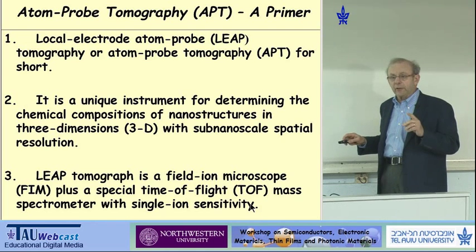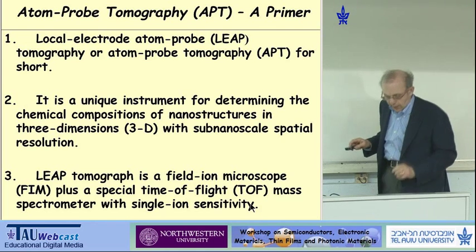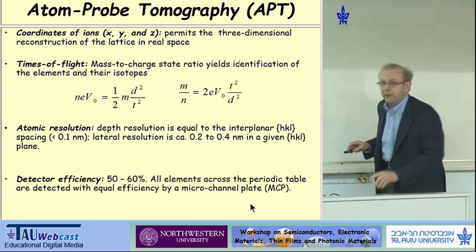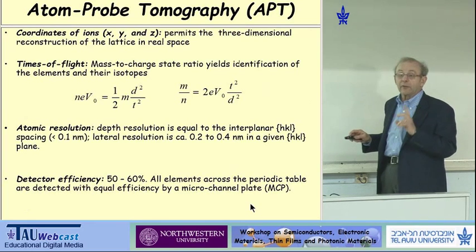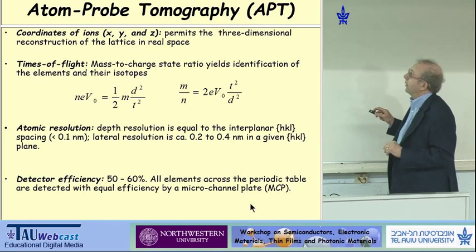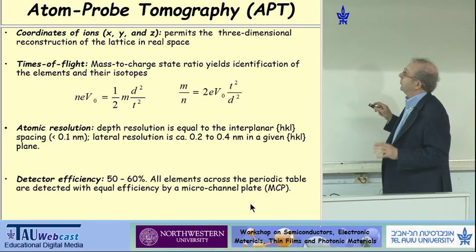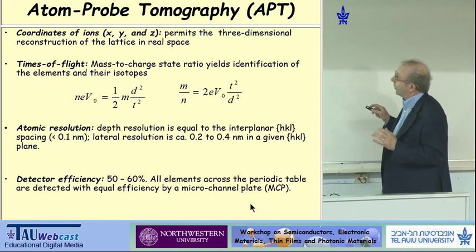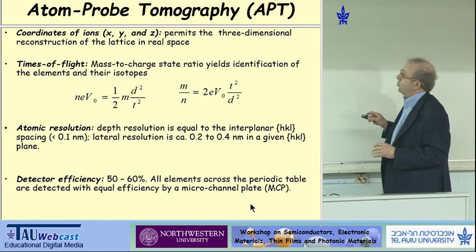It means you can detect 1 ion at a time, and that's because the primary detector has a gain of 10 to the 7th, with low noise.